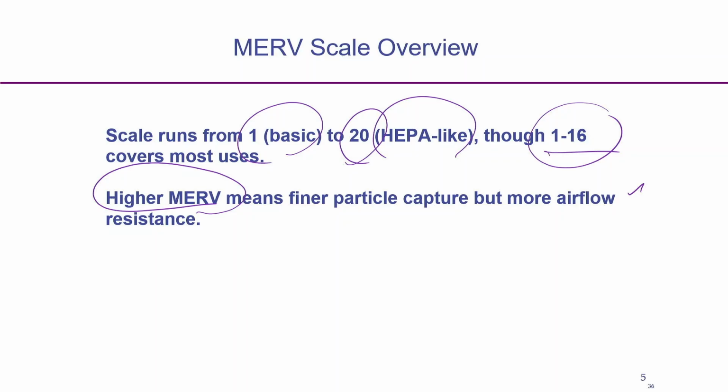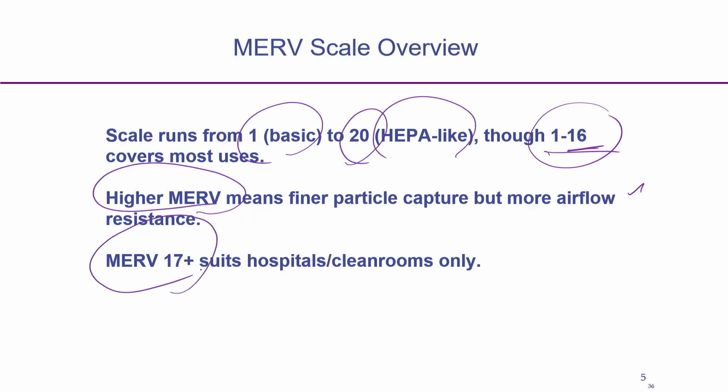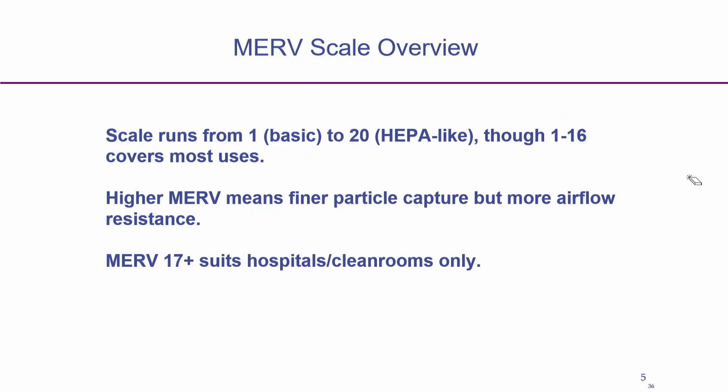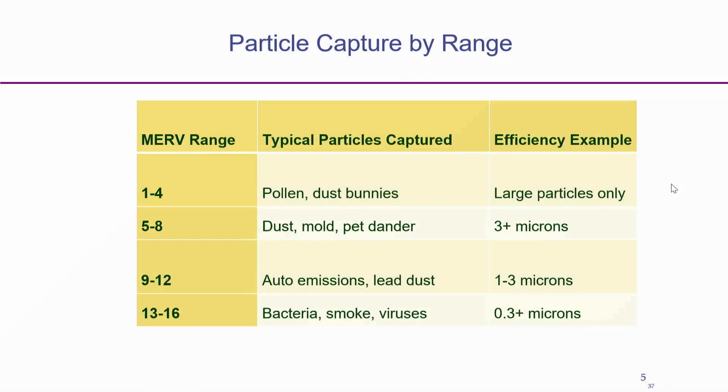When the airflow rate is high, we must use a lower MERV rating at the initial stage. In a very clean room or hospital, where we do not allow any bacteria to come, a MERV rating of 17 plus is used, like a HEPA filter.